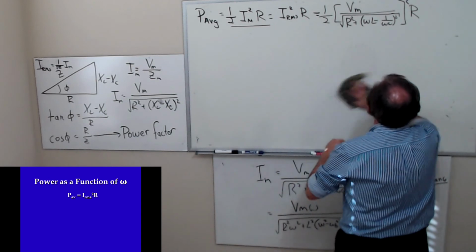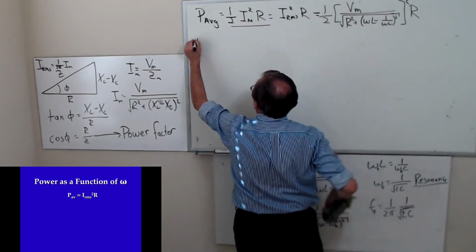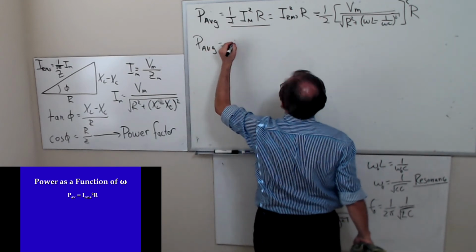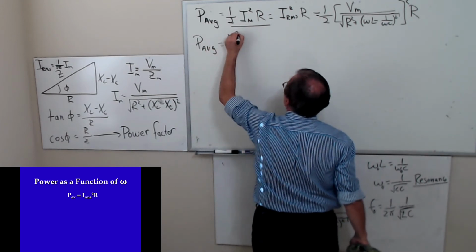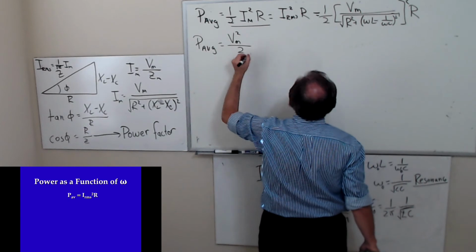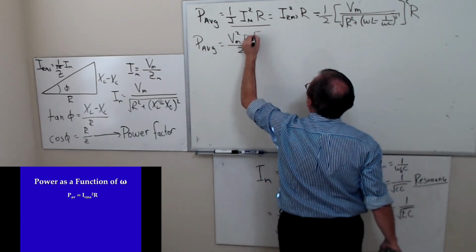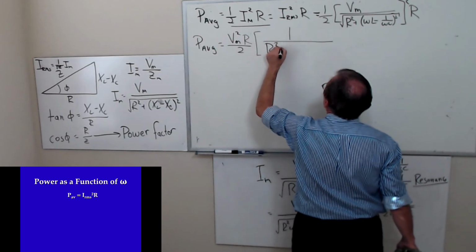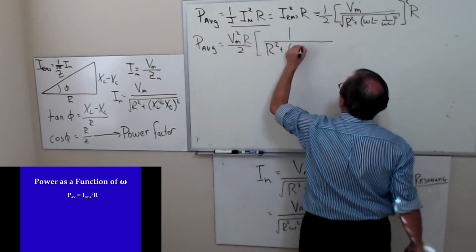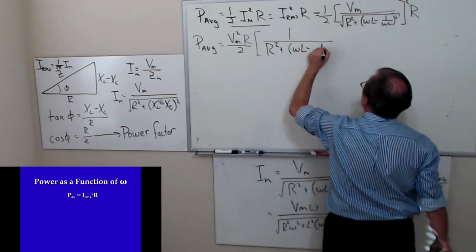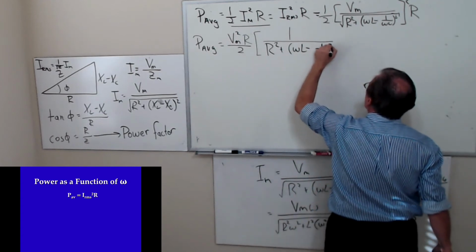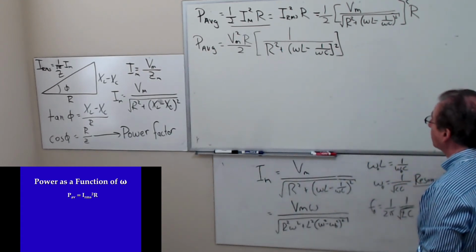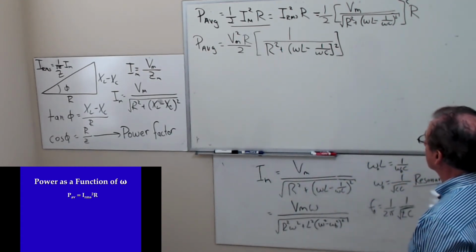So let me square everything. So now I'm going to factor out 1 over omega.